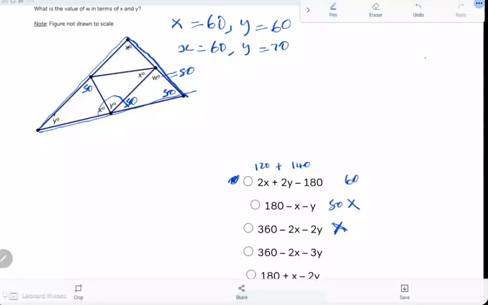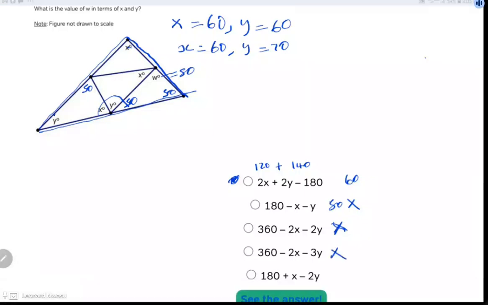The last one. 360 minus 120 is 240. 240 minus 180 is 60. Is it 80? No, it's 60.